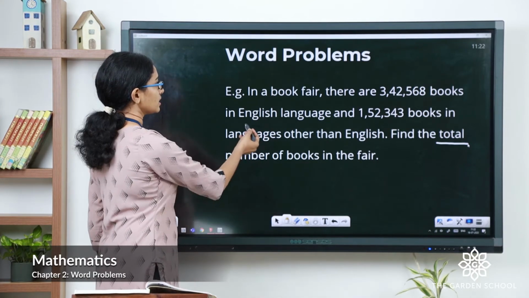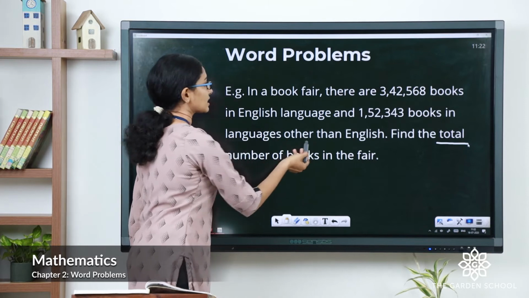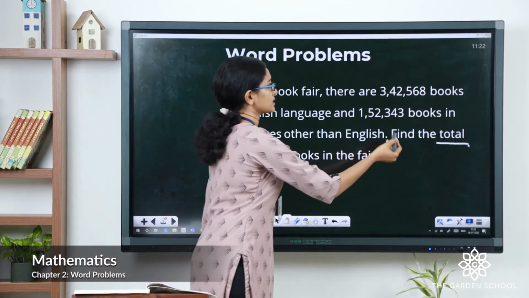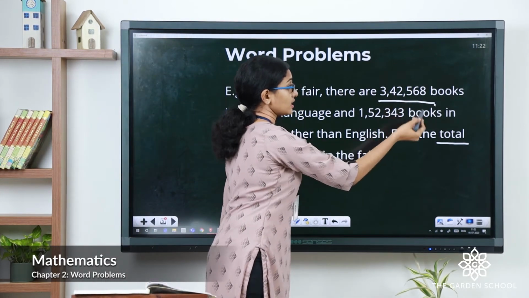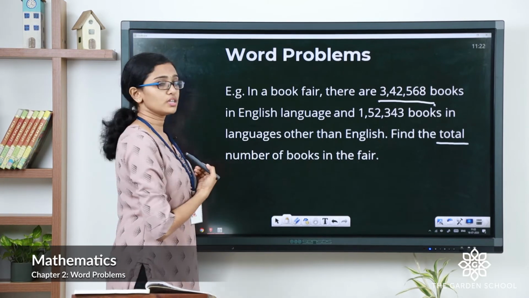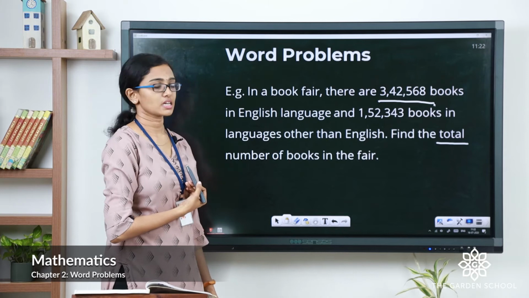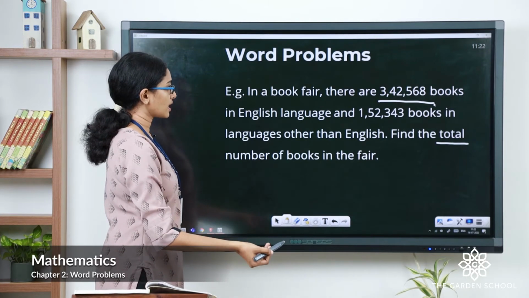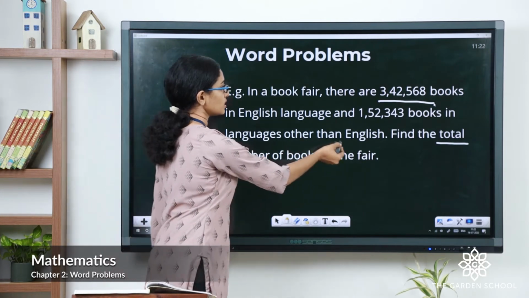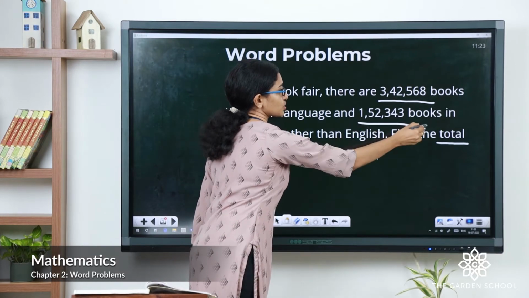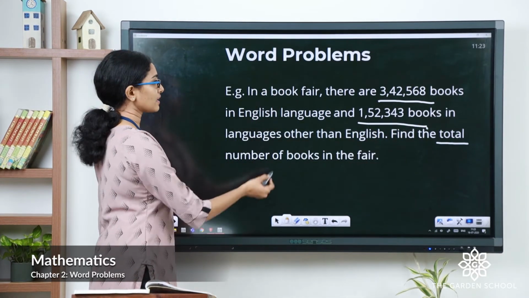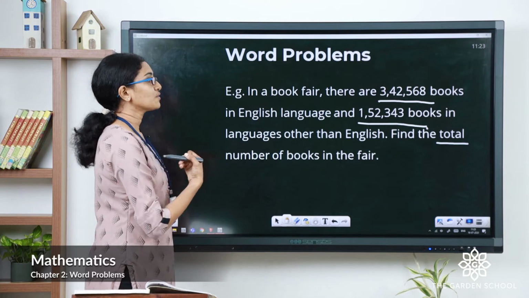Here it is said this many books in English language. So we can write the step as the number of books in English language equal to 3,42,568. Now what is the next step that we can write? The number of books in languages other than English equal to 1,52,343.